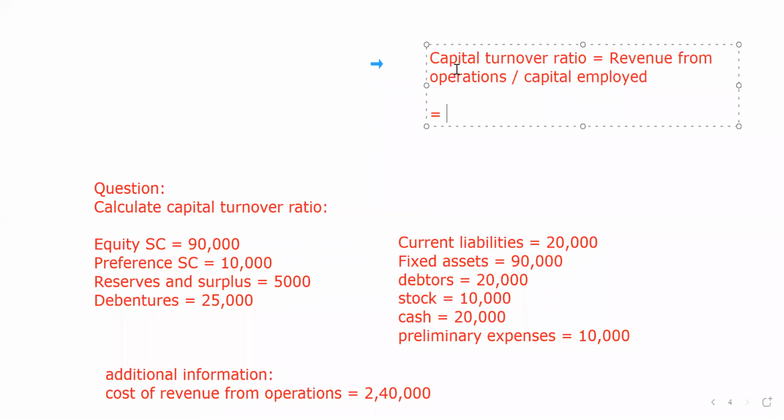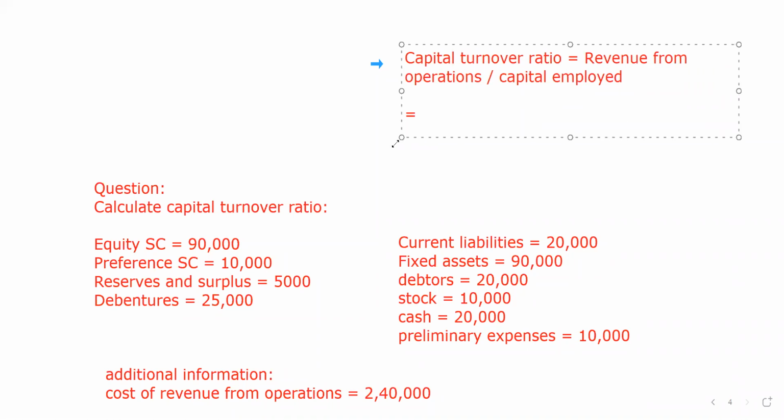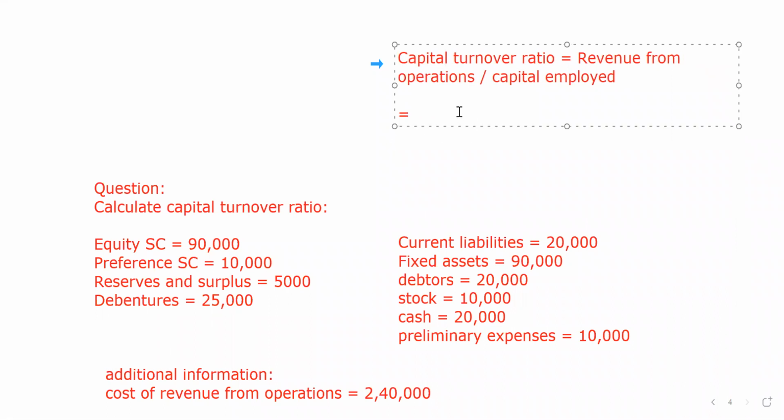So here in this question, we know that revenue from operations or sales amount is not given. So if in a particular case, revenue from operations are not given for the calculation of capital turnover ratio, please remember that we can consider the cost of revenue from operations also.